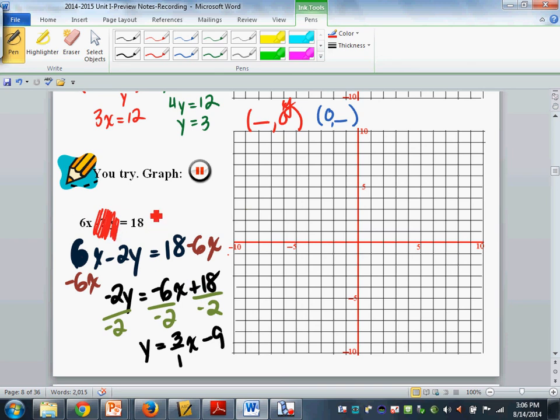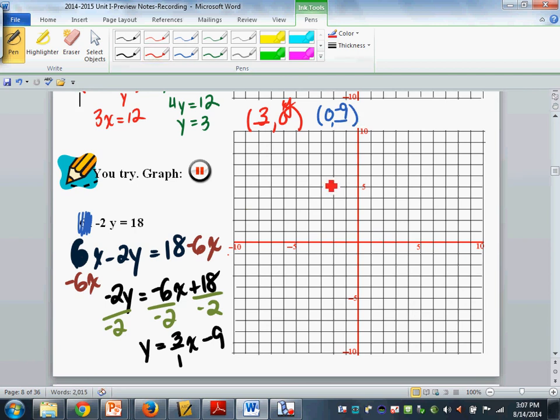You know that that is going to be 3. So 3, 0. Then, if I come over here and put a 0 in the x, so now I say goodbye to the x, divide both sides by -2, you know that's going to be -9.